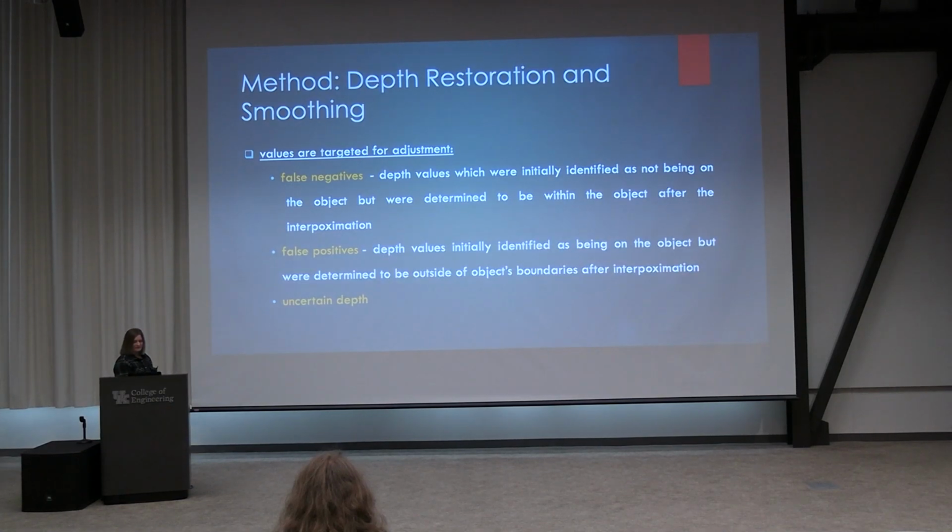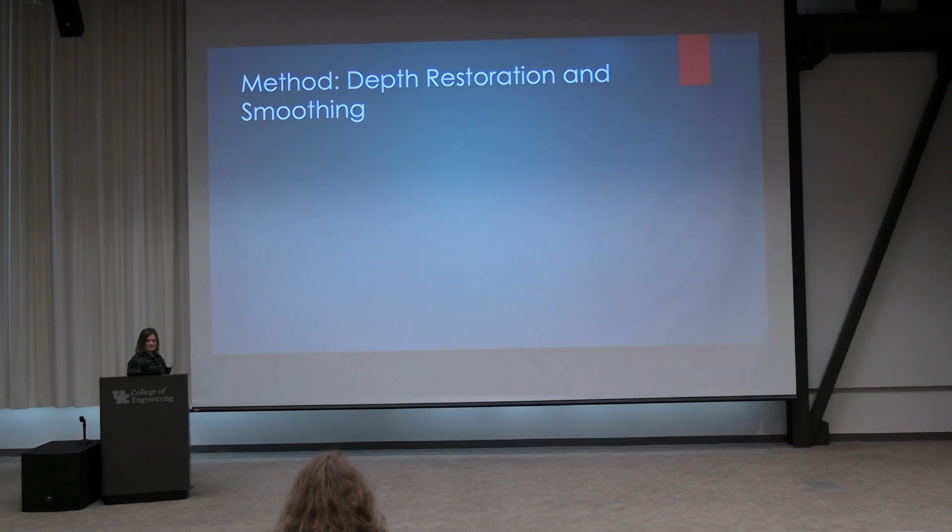False positives are depth values that were initially identified as belonging to an object, but they're actually outside of the boundary of that interpolated curve. So with the false negative, we have to add them to the object. With the false positive, we have to remove them from the object. And the last type of data we will target is the failed signals data or occlusion data, and we will also replace that data as well.